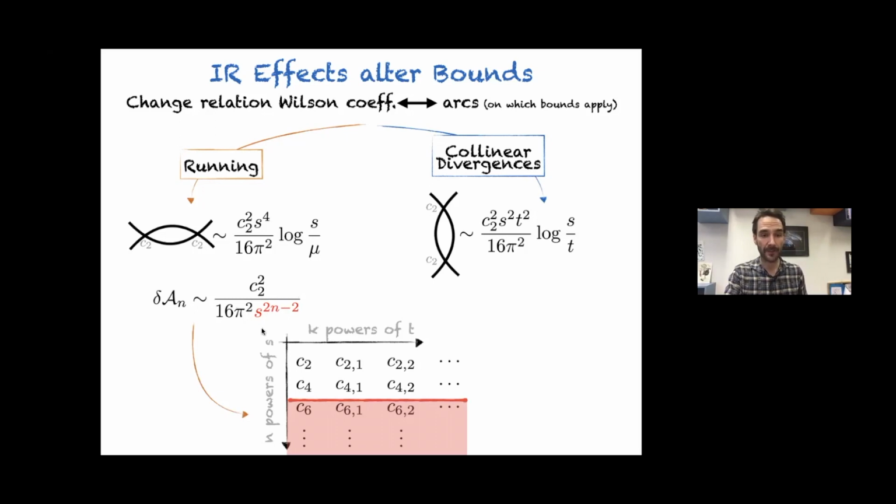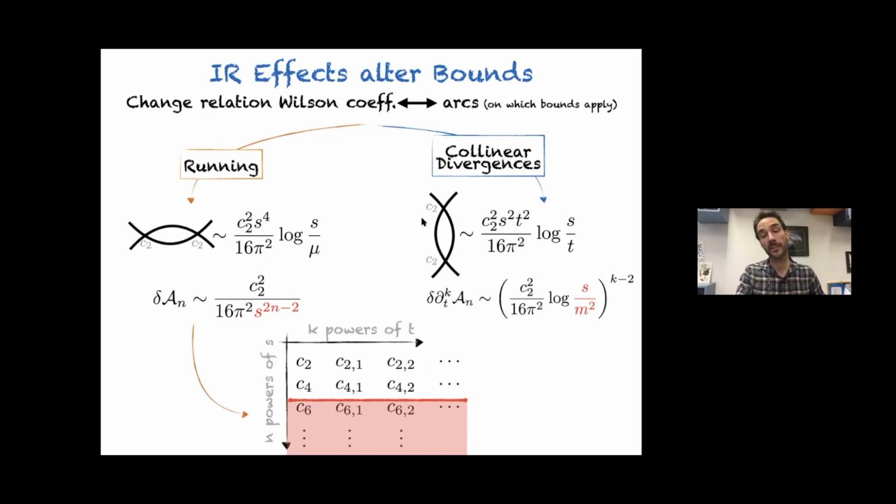And basically, you see that when s is sufficiently small, so when the energy that we're looking at is sufficiently small, the bounds are completely dominated by this more relevant term. And this basically implies that these loop effects affect all bounds for arcs, for Wilson coefficients bigger than C6. This is due to the fact that there is this power. These ones are left alone, and here you will start having very relevant effects that modify the bounds.